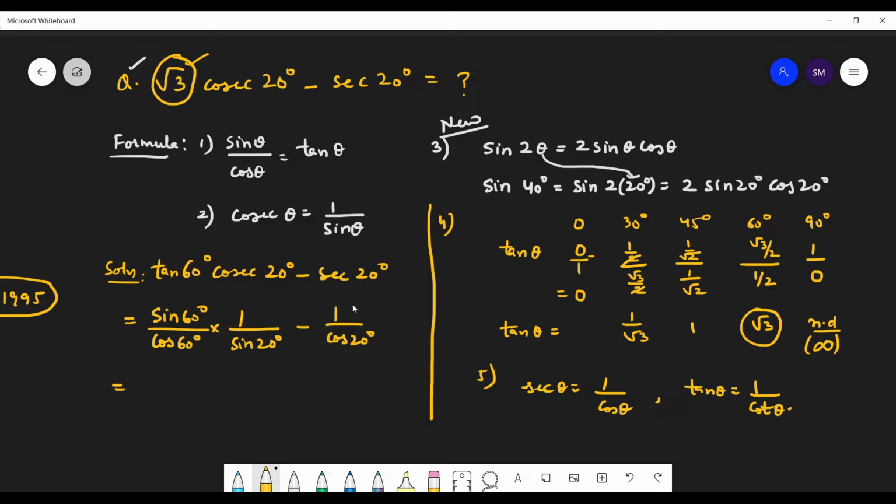Let me tell you about units of angle measurement. We have two units, that is degree measure and radian measure.